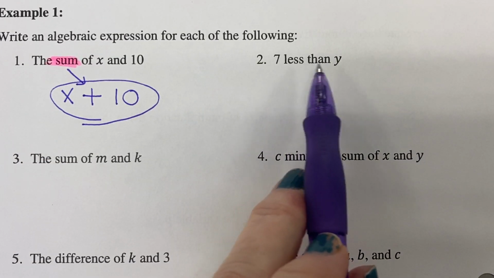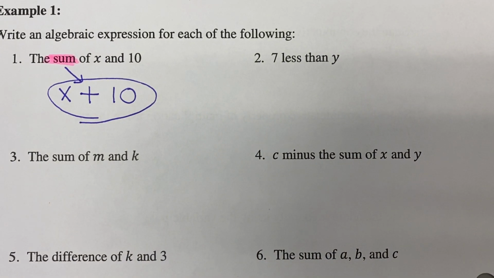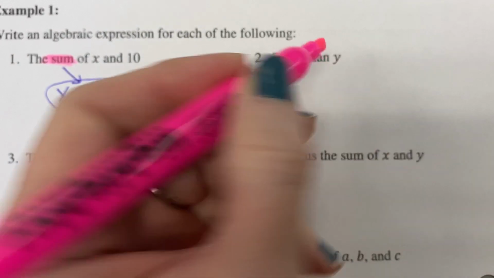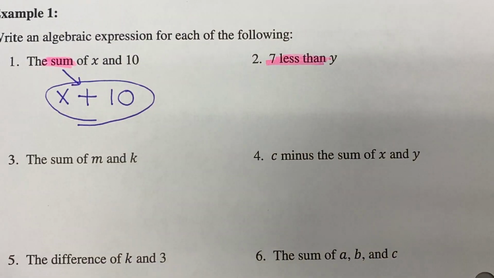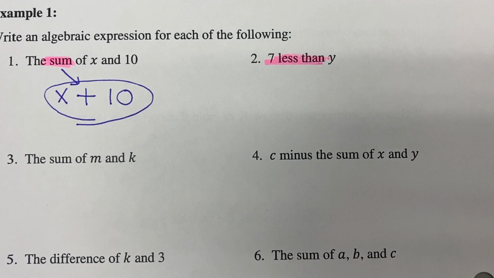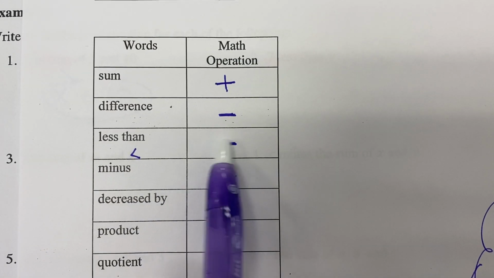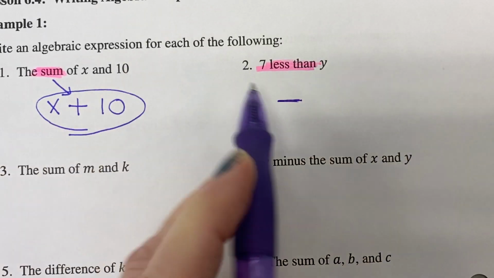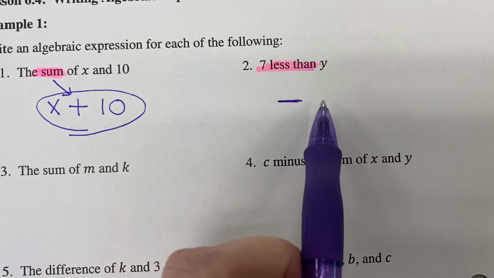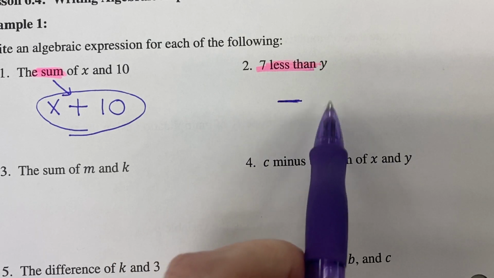7 less than y. Okay, the trigger words there are less than. Let's go to our handy dandy sheet. We see that less than means subtraction. Now the question becomes, does the y go here and the 7 here, or does the 7 go first and then the y?